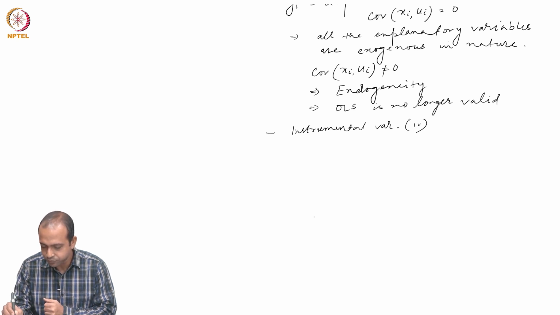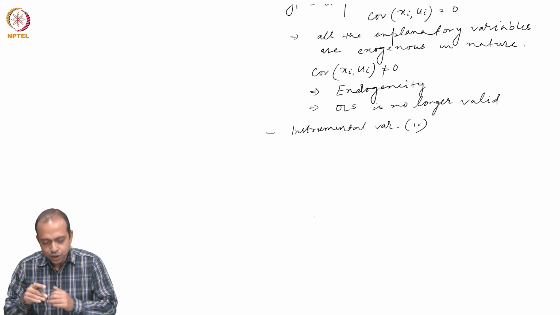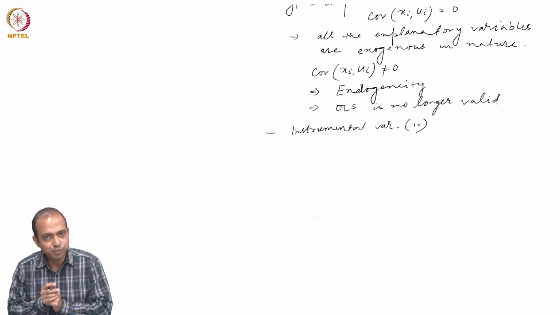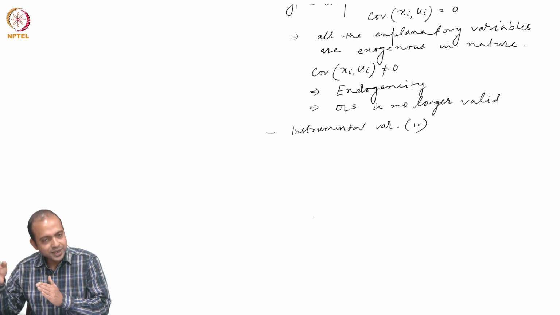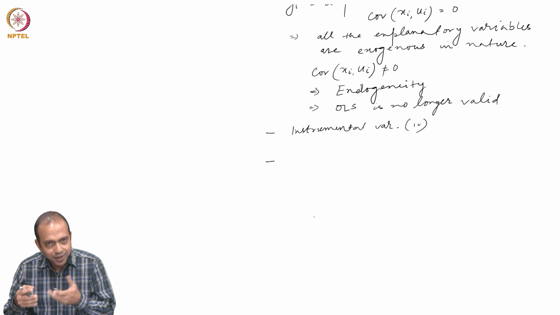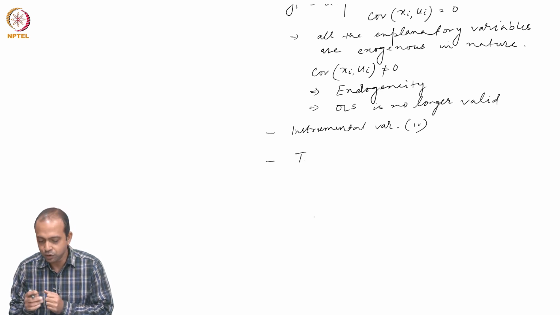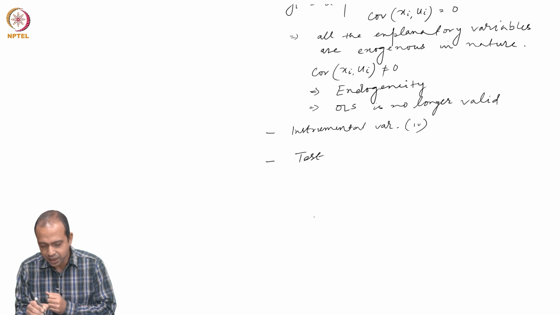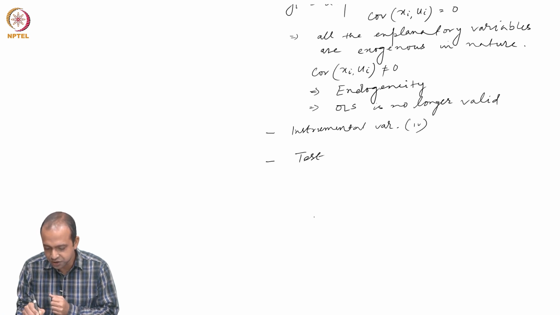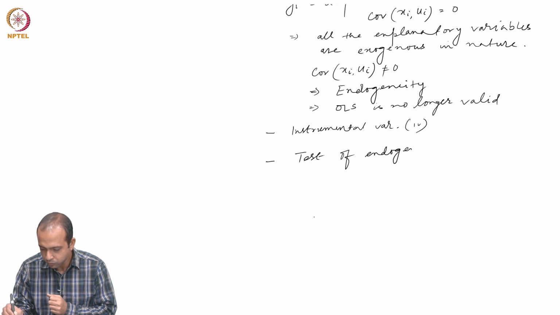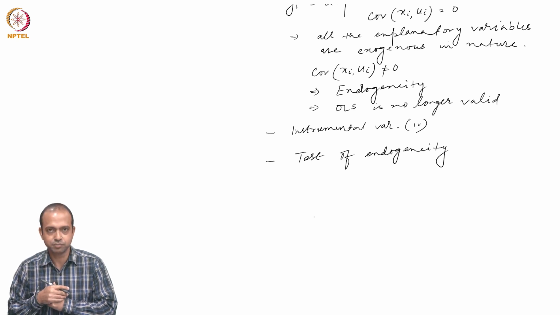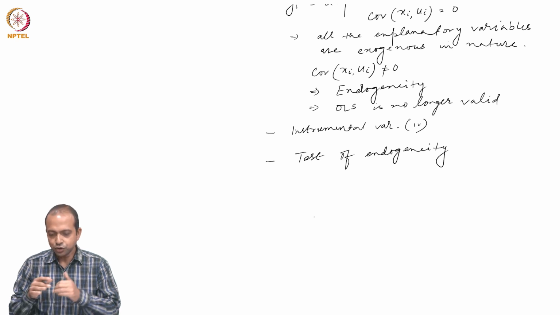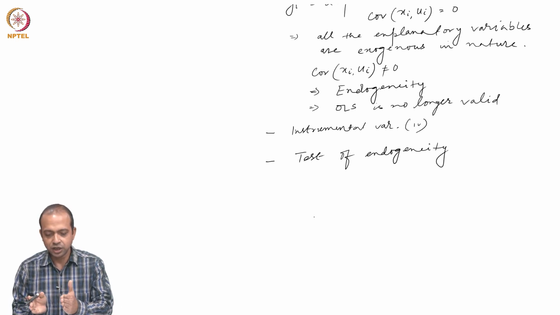We will then extend this model to multiple endogenous variables and the test of endogeneity in that context, and then we will also discuss two-stage least square. These are the things that we are going to discuss in module 1.